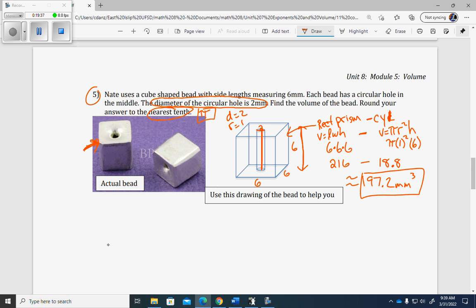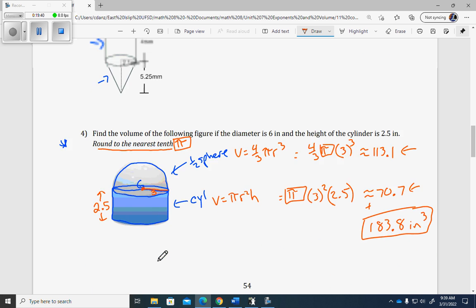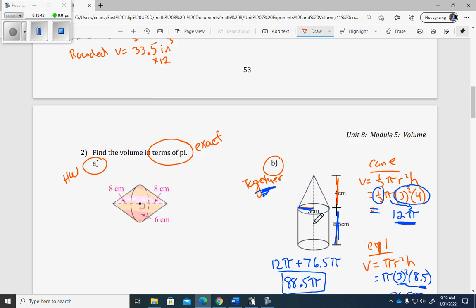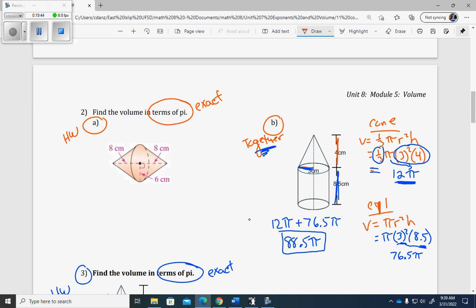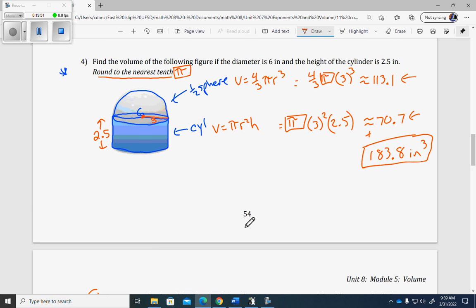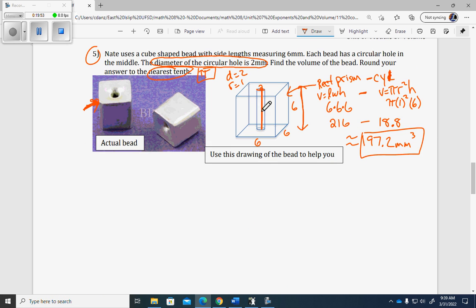So that's really what I needed to teach you, that when shapes are stuck together, we add them. When there's a shape inside of a shape that's creating like a hole, we subtract them.